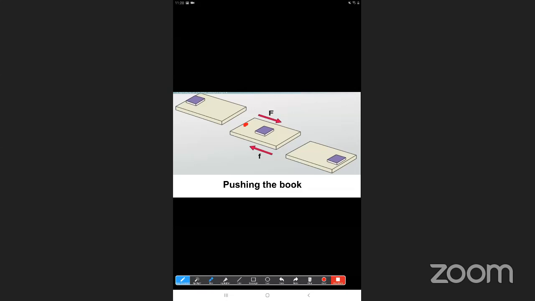So the book moves for a certain distance and stops. Here, the speed of the book gradually decreases and after some time it stops.